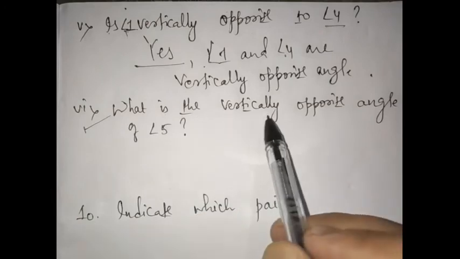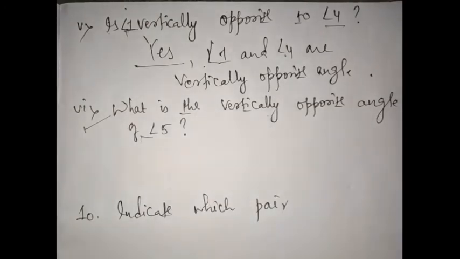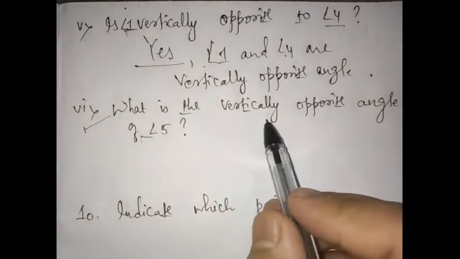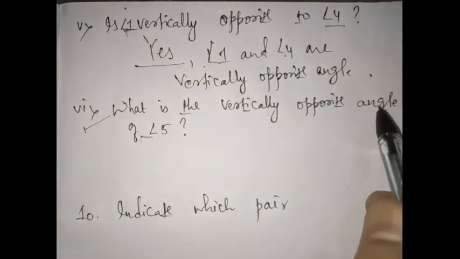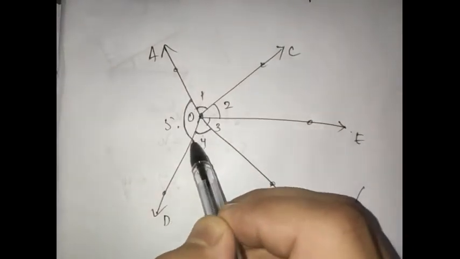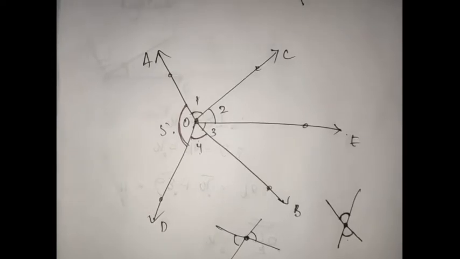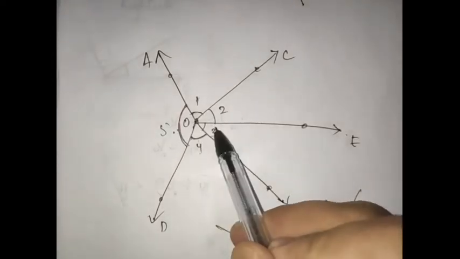What is the vertically opposite angle of angle 5? What is the vertically opposite angle of angle 5? So just see what should be the vertically opposite angle of angle 5. What do you think?